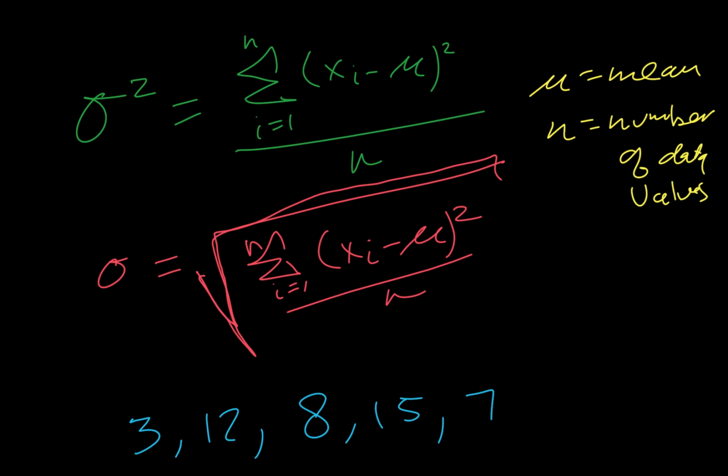So the pieces that we need to find, let's get this color. We need to find mu first. So mu, once again, is just the mean. And so we're going to add these up. We're going to say 3 plus 12 plus 8 plus 15 plus 7, and divide by the number of data points. So 1, 2, 3, 4, 5. Let's just do that on a calculator.